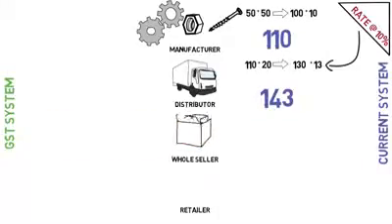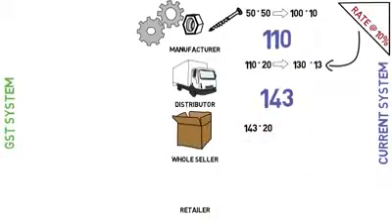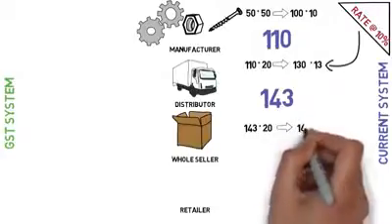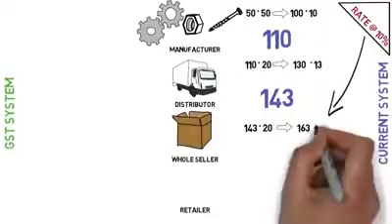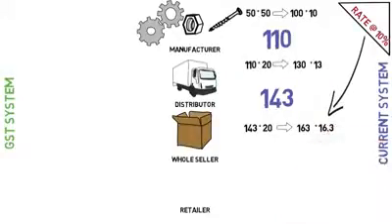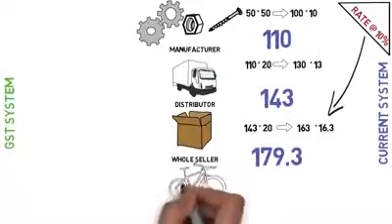The wholesaler follows the same pattern and the price becomes 143 plus 20, that is 163, and 10% tax, which is 16.3 rupees, and sells it for 179.3 rupees to the retailer.